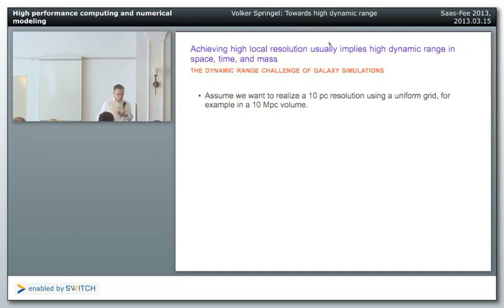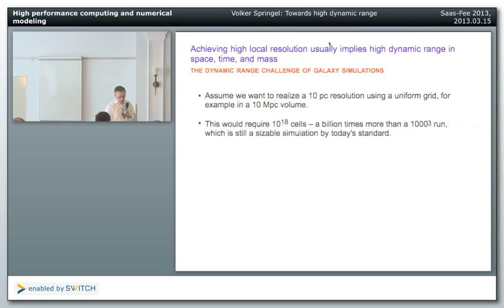So assume again that we want to have a 10 parsec resolution, which is sort of a canonical goal for the galaxy formation community on large scales, on cosmological scales, and you want to have this in a 10 megaparsec volume, which is maybe the smallest you would hope to get away with in structure formation calculations, even though this is a box size that will already go nonlinear at low redshift. So this would require about 10 to the 18 cells if you tried this with a uniform mesh, which is then 1 billion times more than a 1,000 cubed run.